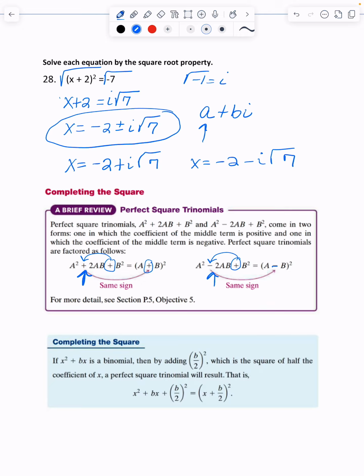The reason that we're covering this is because we can force these equations to be perfect squares, which allows us to take the square root.